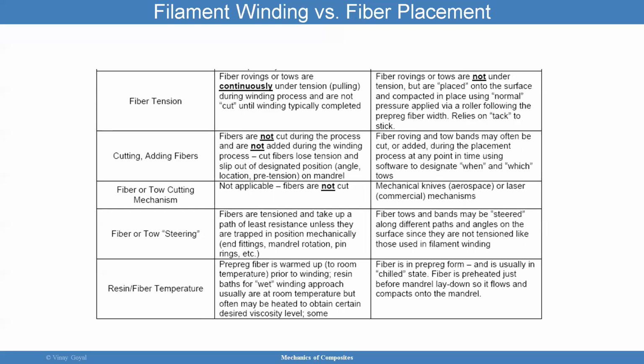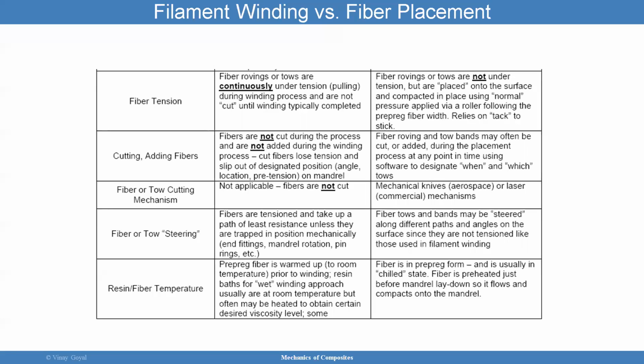Cutting: fibers are usually not cut during the process in filament winding technology and are not added during the winding process. But you may need to do that on the right-hand side, which is the fiber placement technology.